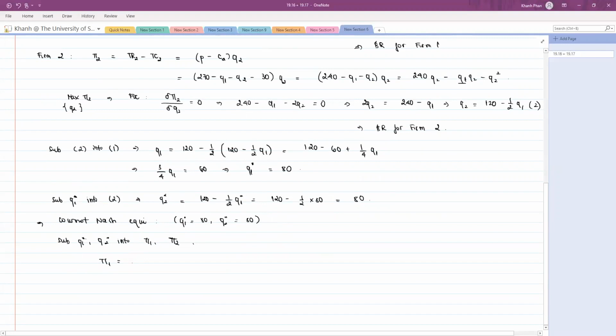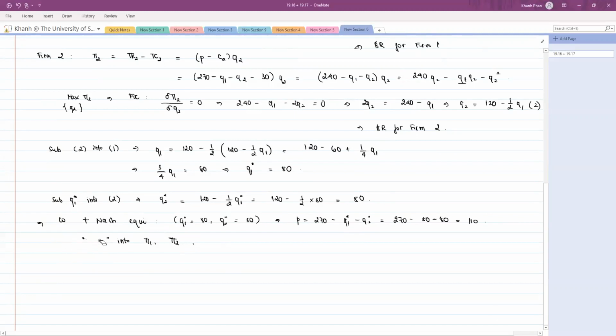If you want to use that, that is fine. Or you can just find the price. So I got Q1, Q2 here. Therefore the market price P is 270 minus the total quantity, Q1 plus Q2. So 270 minus 80 minus another 80, which is 160. So that is 110.